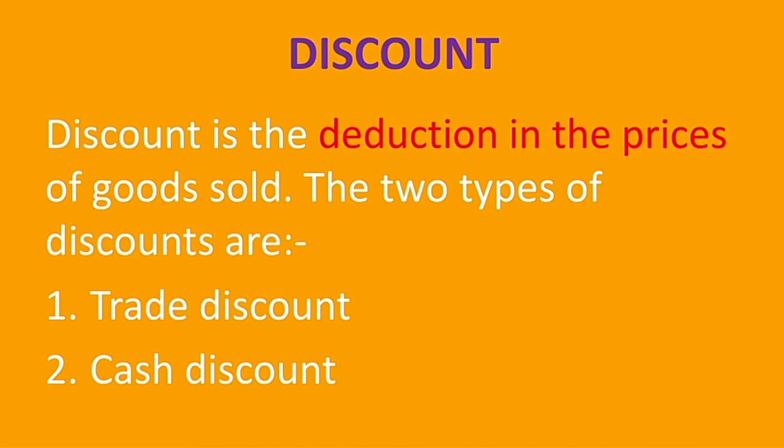And the next one is cash discount. Cash discounts are given after sales, after credit sales. After credit sales, the buyer needs to pay the amount within a stipulated time. If he is making a prompt payment or if he is making the payment early, then the seller can give him a discount.